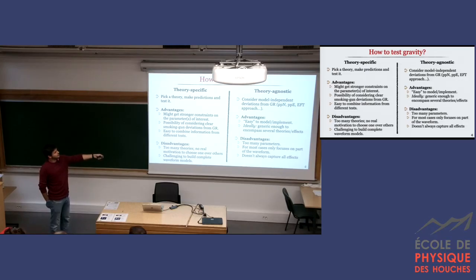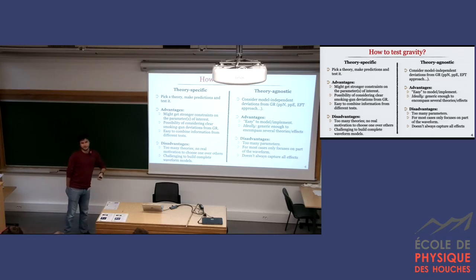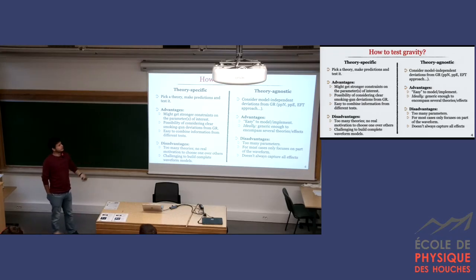I will focus on PPE, the parameterized post-Einsteinian approach, so you will see what exactly it is. There have also been approaches based on effective field theory methods, where you add generic terms to your action of GR and try to constrain them. I'm not going to talk about this, but I think it's also an interesting way to do it.